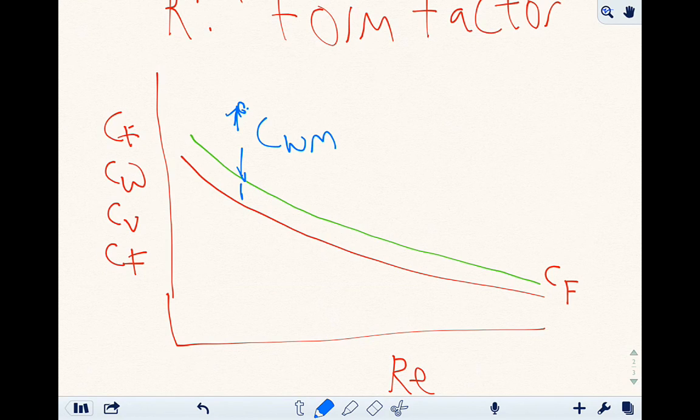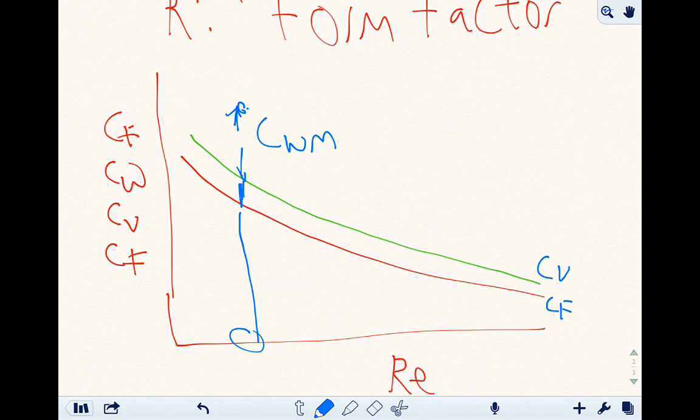And this little bit right here between the green and red lines is the viscous pressure drag. And this bit here from the red line to the bottom is my frictional drag. So the CF should be labeled a little lower down. Put it down here. CF, CV. So the total viscous drag is up to the green line, and the remainder is the wave drag.